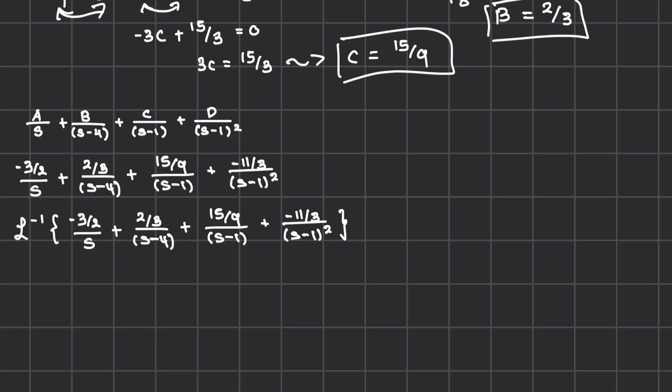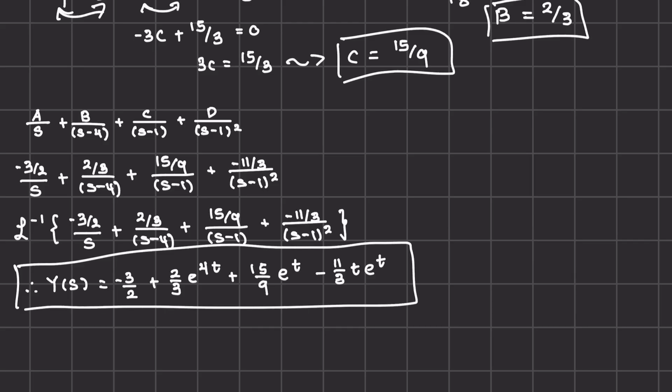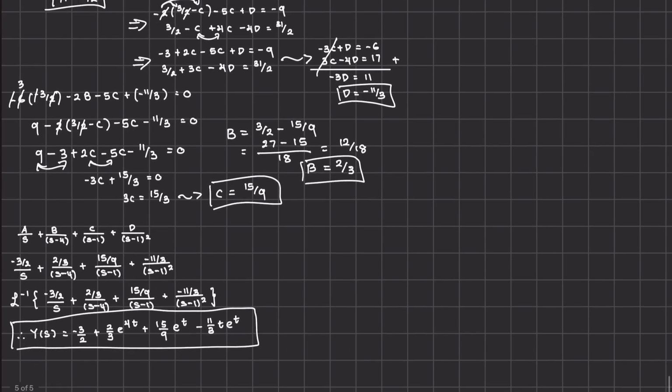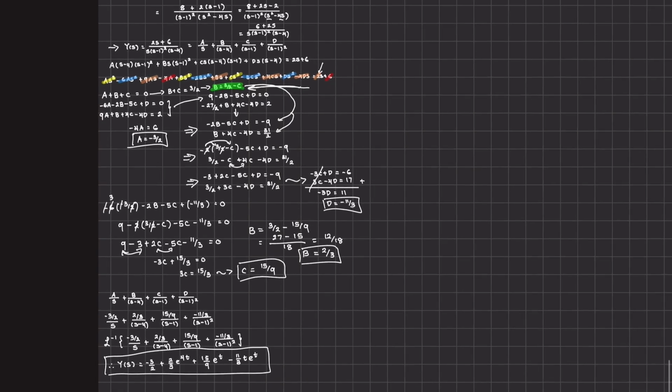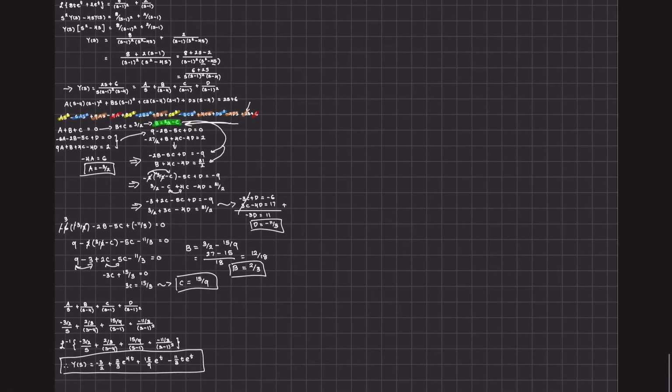So using the Laplace tables, we take all of the inverses here, and we have our final solution as y of t equals negative 3 over 2 plus 2 over 3 e to the 4t plus 15 over 9 e to the t minus 11 over 3 times t times e to the t. There you go. So this is how we solve second order differential equations using the Laplace transform. It's a very long list here, so I'm going to zoom out so you guys can see everything.